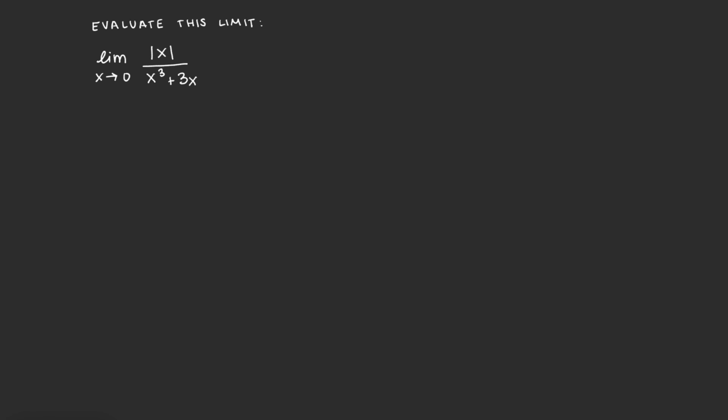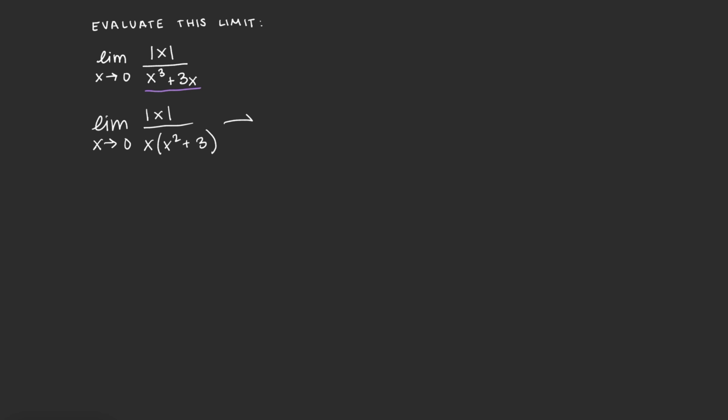Okay, for this next example, we'll evaluate the limit as x approaches 0 of the absolute value of x over x cubed plus 3x. What we're going to do first is simplify this denominator a bit more by bringing out an x. So then it will look like this: the limit as x approaches 0 of the absolute value of x over x times (x squared plus 3).